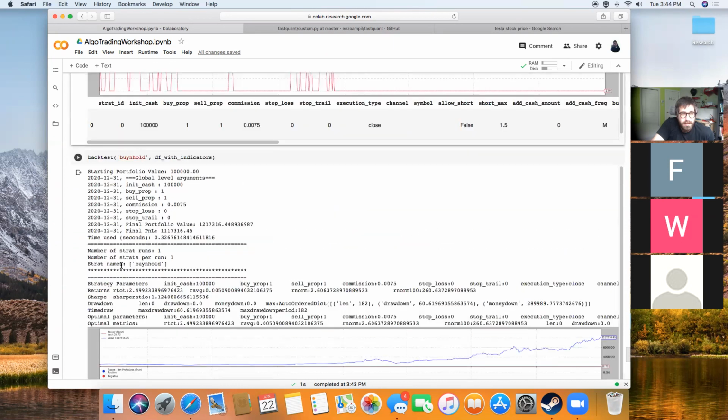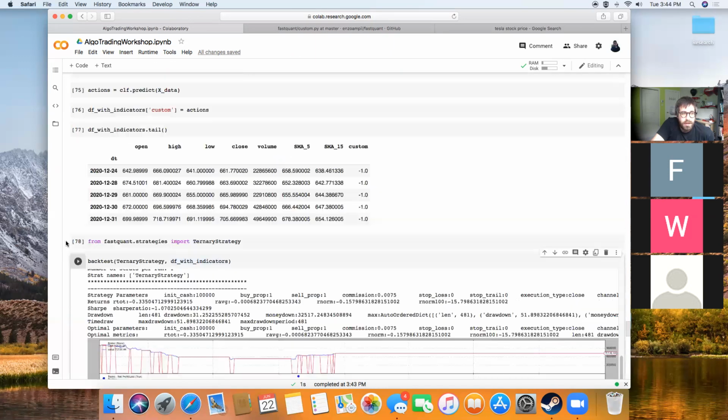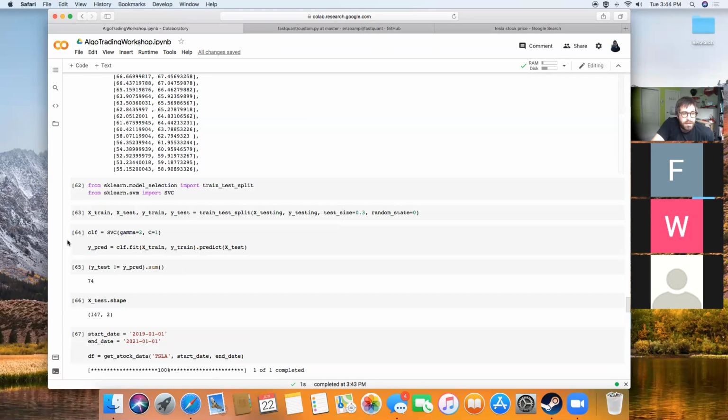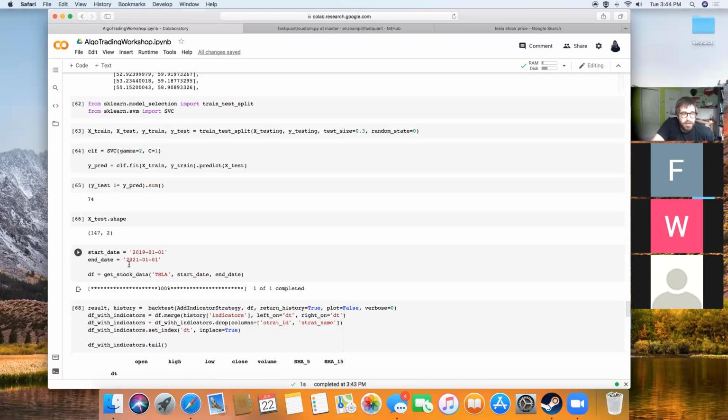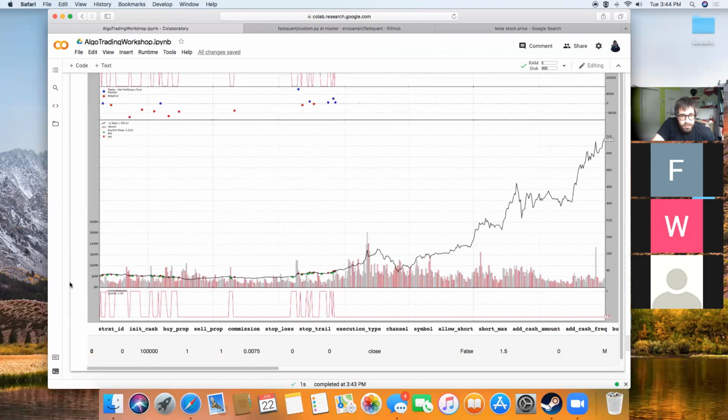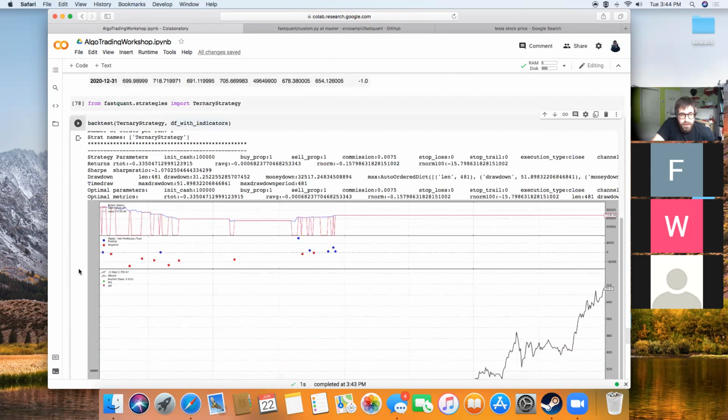When did it start? 2019? Yeah, this is the data we've collected, the new ones. Yeah, 2019 up until 2021. So on a $100,000 investment, someone would have made like 1 million. Wow, that's crazy. 1.2 million.